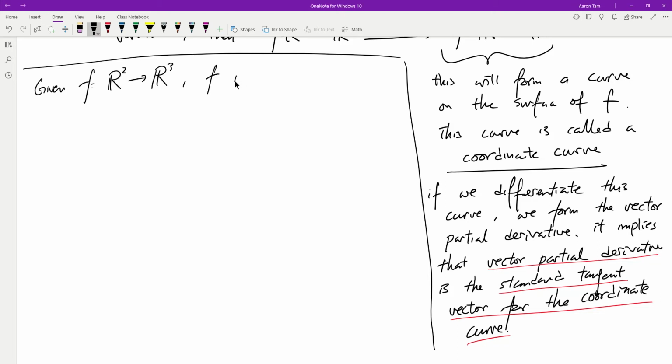Well, this function f basically represents a two-dimensional surface. Remember, when I say the word surface, it basically refers to a two-dimensional surface. It represents a surface in R3 in parametric representation.